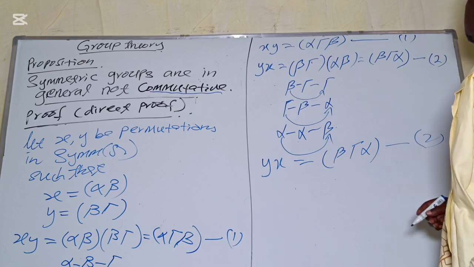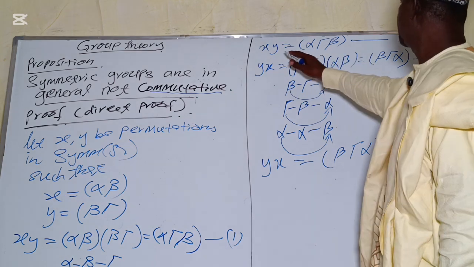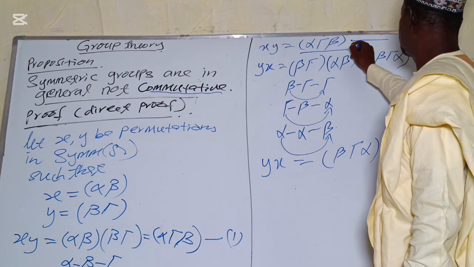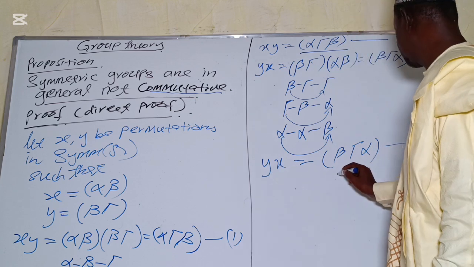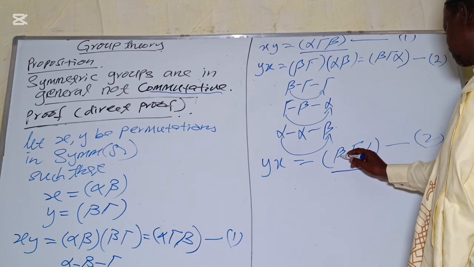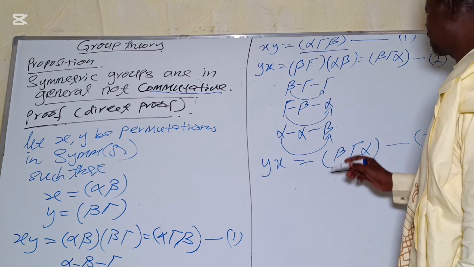Now, if you look at it, xy gives me the permutation (alpha gamma beta) and yx gives me this cycle (beta gamma alpha).